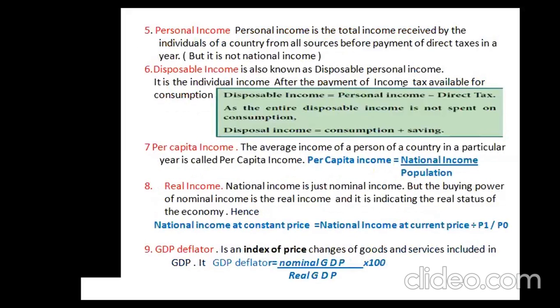Next, personal income. Personal income is the total income received by the individuals of a country from all sources before payment of direct taxes in a year. That is, if a person earns income from all sources, that is all calculated under personal income, and it is calculated before paying the direct tax.